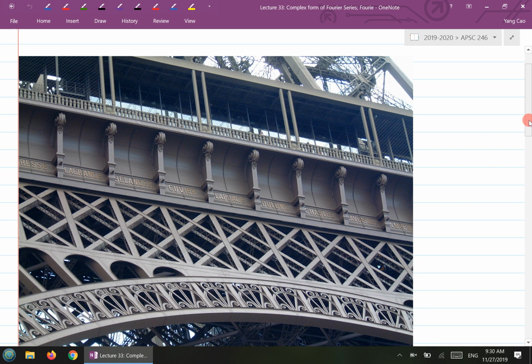Before we start, I just want to show you this picture right here. This is the Eiffel Tower, actually, part of the Eiffel Tower. If you look in the middle of the tower here, there are 72 names engraved on it. There are 72 French scientists, mathematicians, and engineers.